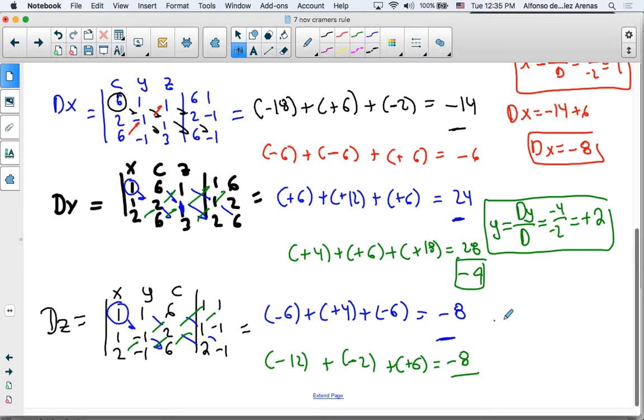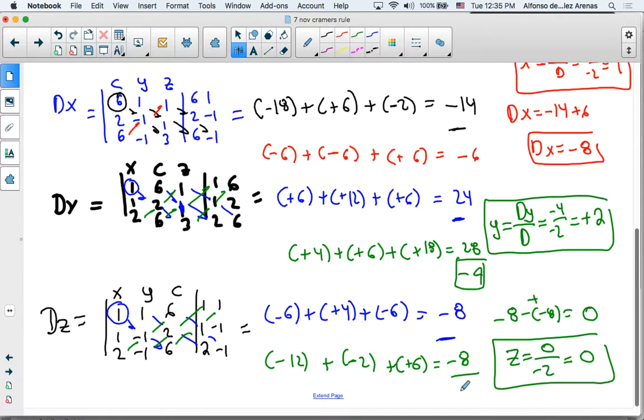So, negative 8 minus 8 equals, it's a plus, 0. It means that z equals 0 over negative 2, and that is 0. We're done. We have the three solutions.